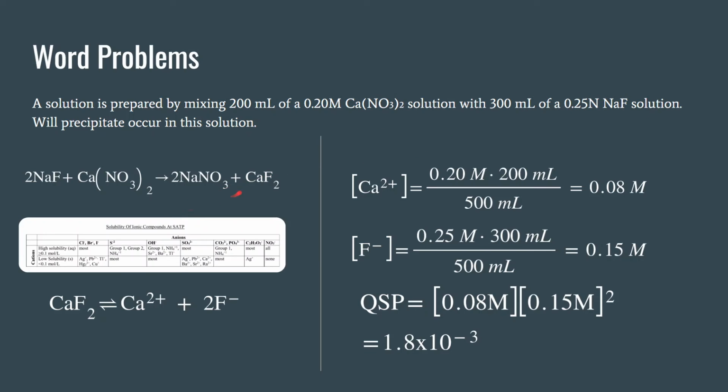And then from there, you look at the solubility chart to see which one would actually work out. Ca is the one that works out. So then you expand Ca. You do the net ionic equation for Ca. Then you do the dilution for both. You get a QSP, which equals 1.8 times 10 to the power of negative 3.